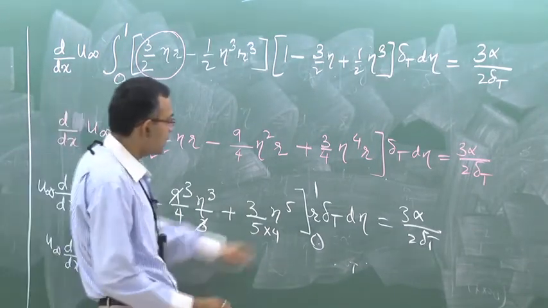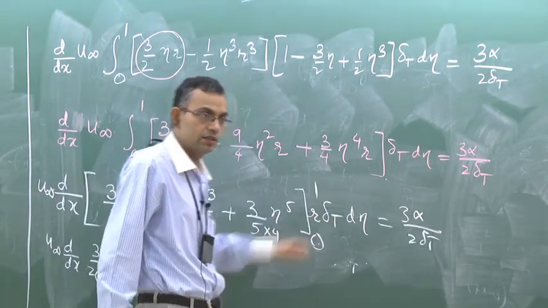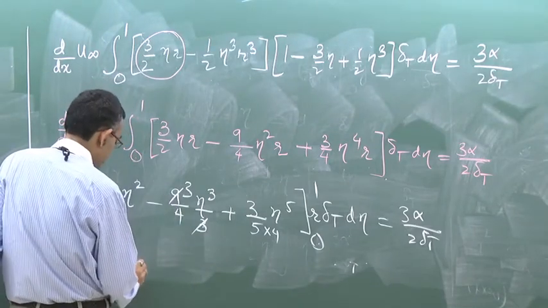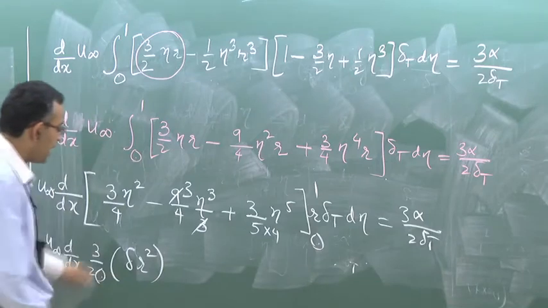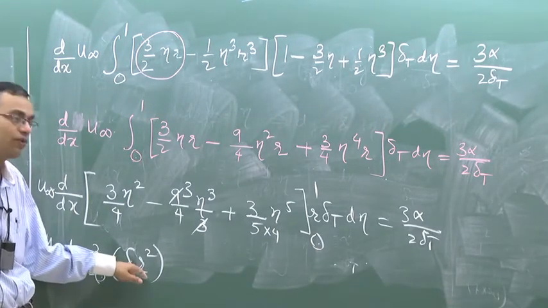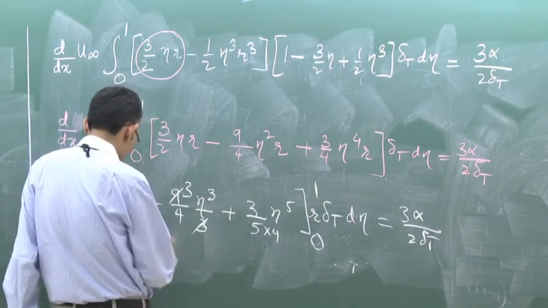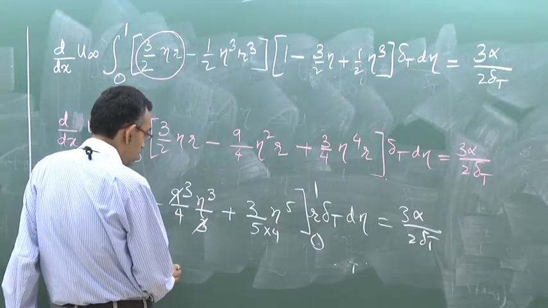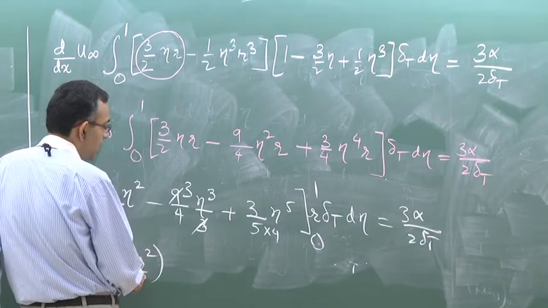In place of delta T we can write delta into R, right? So delta R square. Why we are writing this is because delta we already know. We are interested to solve for R, that will give us what is delta T. So 3 by 20 into delta R square.